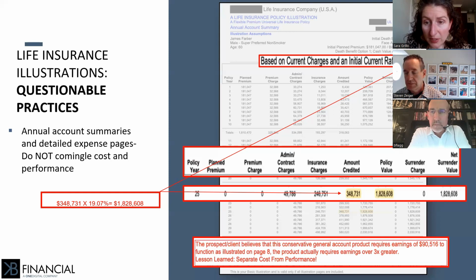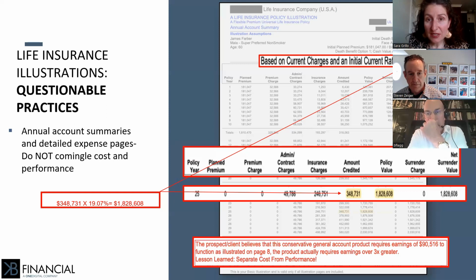To overcome the expenses of this policy in year 25, the amount credited would have to be $348,000, which would be a 19% rate of return, not a 4.95% rate of return. That is nearly 4 times the rate of return that was illustrated in the illustration that the insurance company gave.